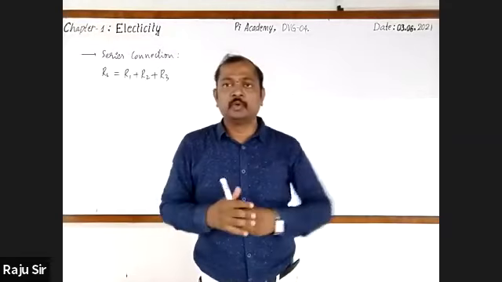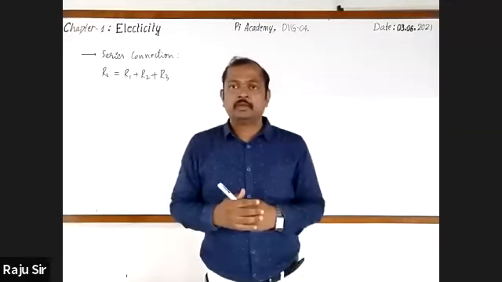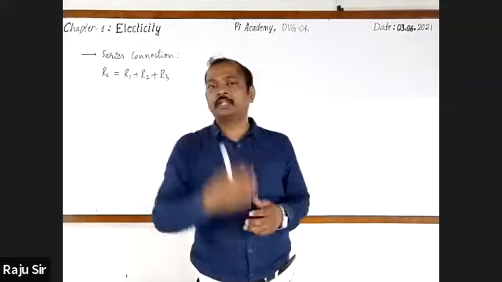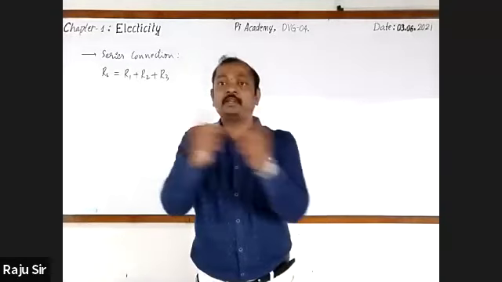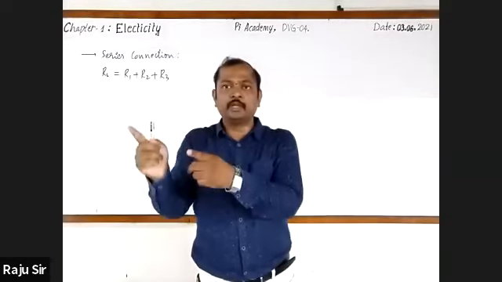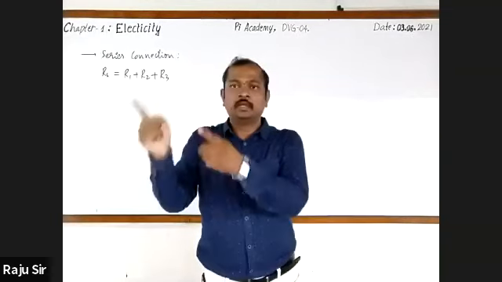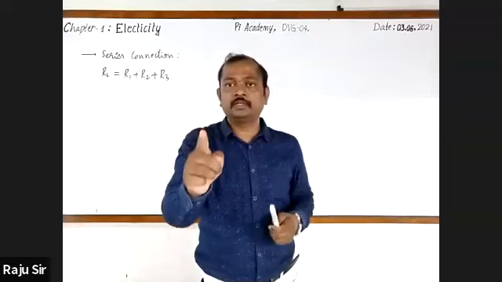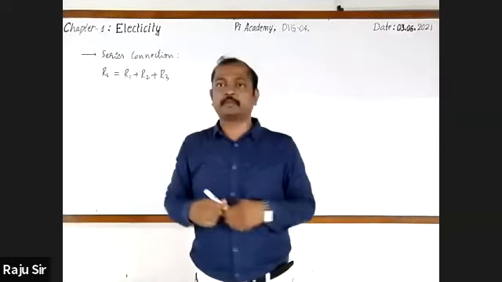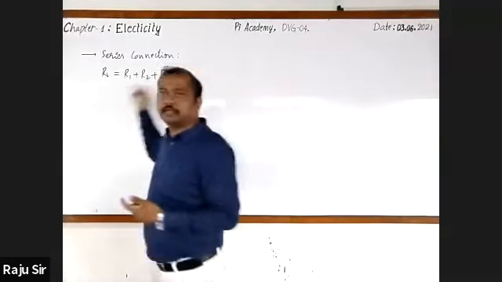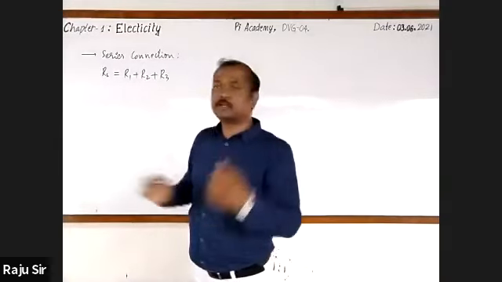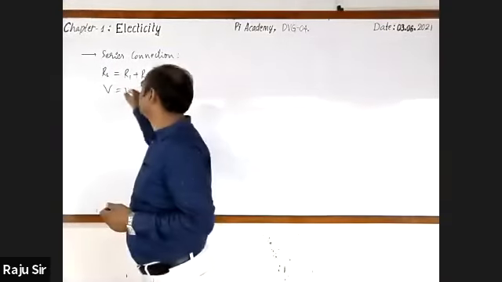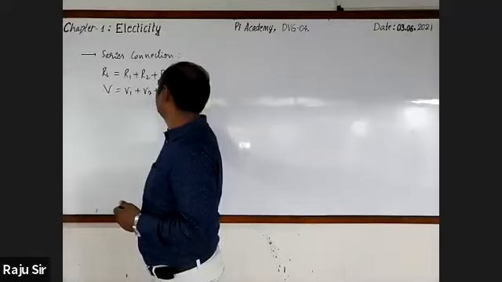Next, with respect to voltage, dear students, you know that the voltage across each resistor is different. But the sum of voltage across each resistor is equal to the voltage of the battery. And as we have taken three resistors, the voltage of the battery can be written as V is equal to V1 plus V2 plus V3.